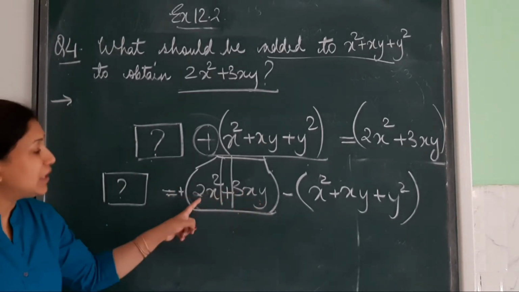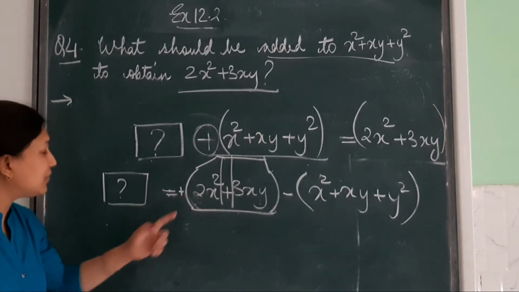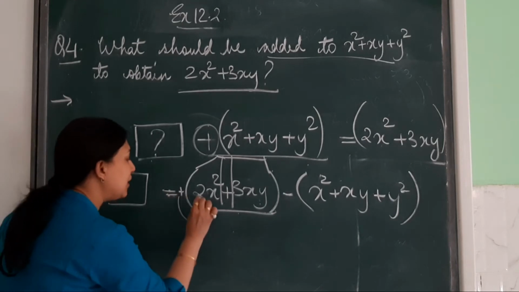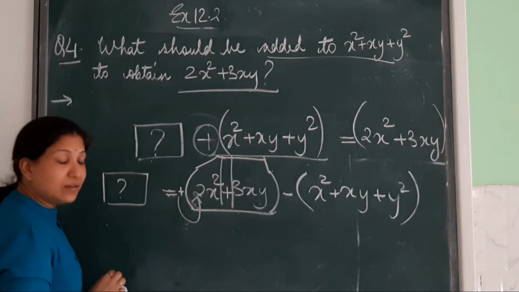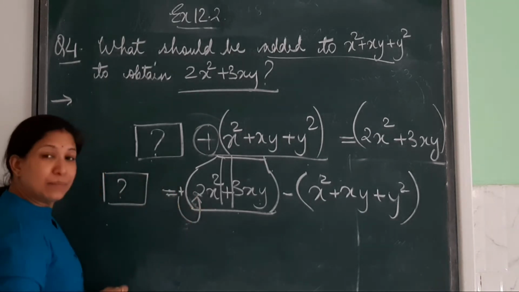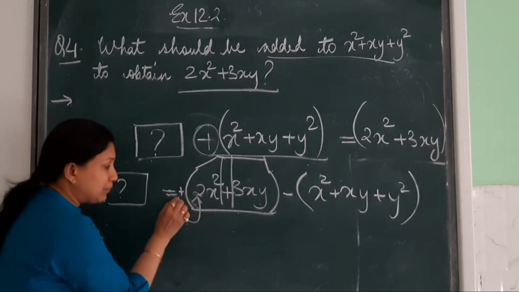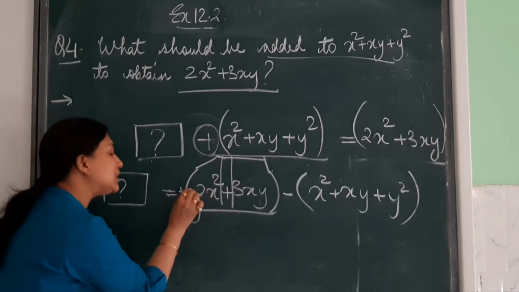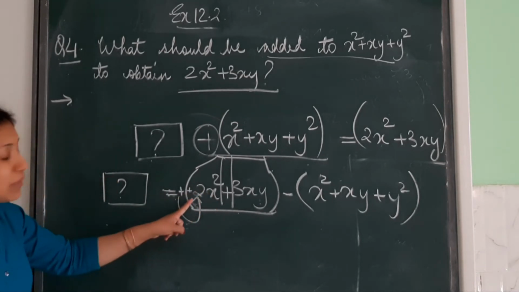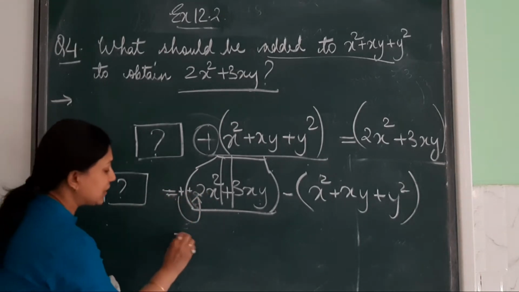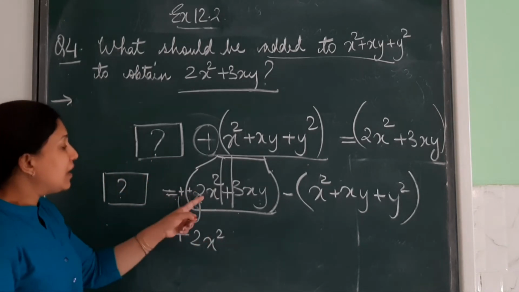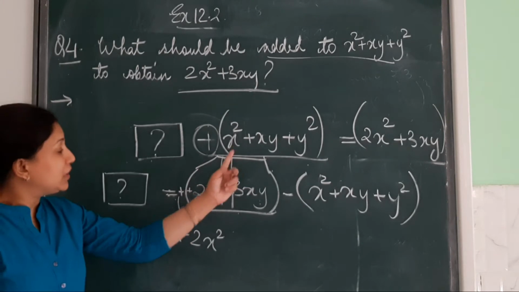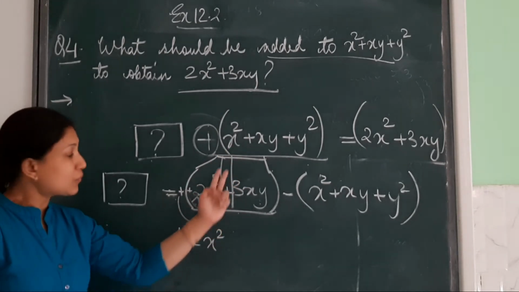So plus will go and meet 2, but plus is a sign. Why will plus meet the number? The plus sign will meet its sign only. No sign means plus. Plus into plus, plus 2x square. Then from here it will not go, it is blocked.